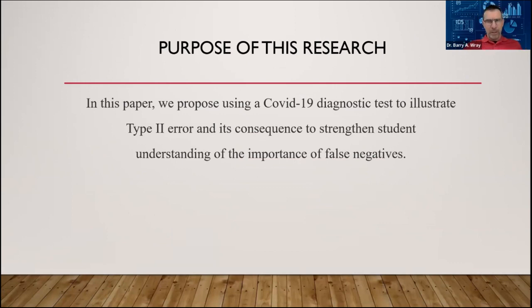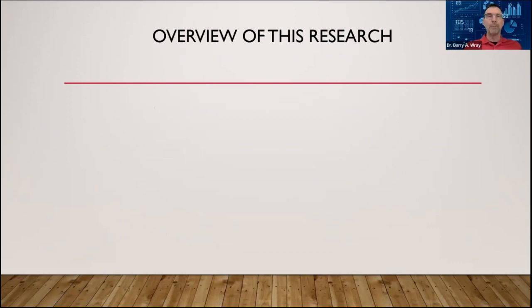So we decided to incorporate something with COVID-19 testing into our course to see how we could use the test to demonstrate a concept like type 2 error. That's really our purpose: to use a COVID-19 diagnostic test to illustrate type 2 errors to students and convey the importance of a false negative result in the COVID-19 test.